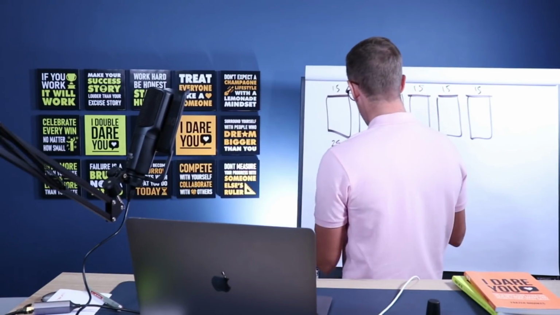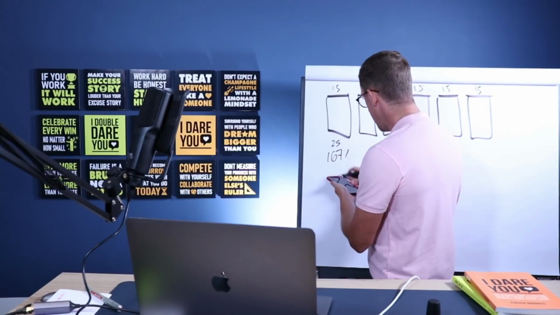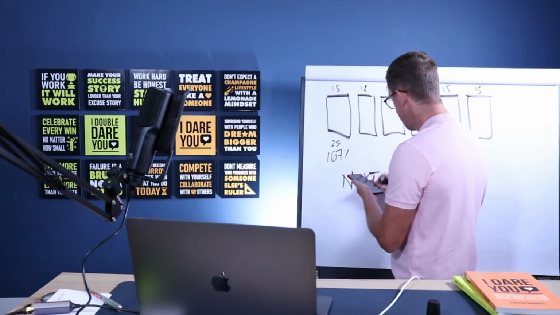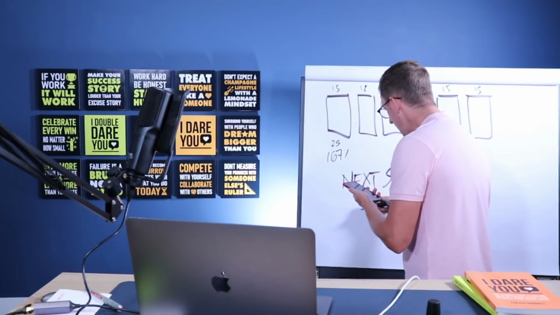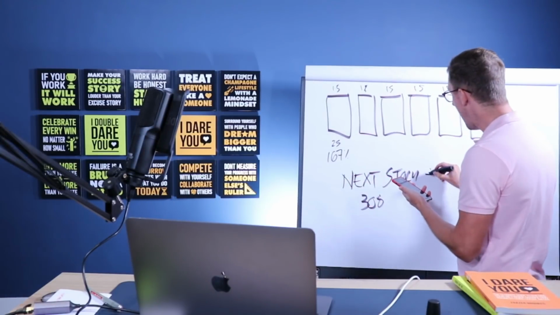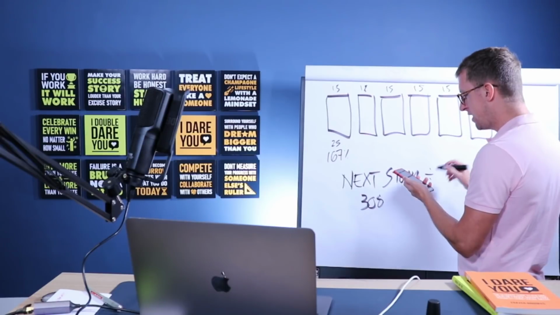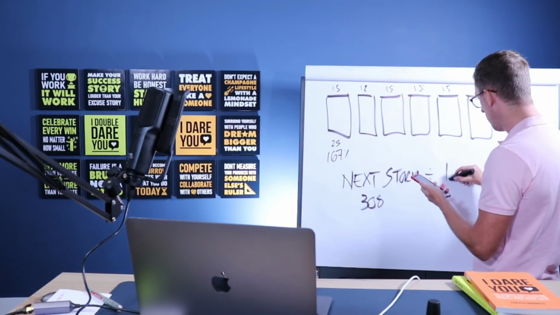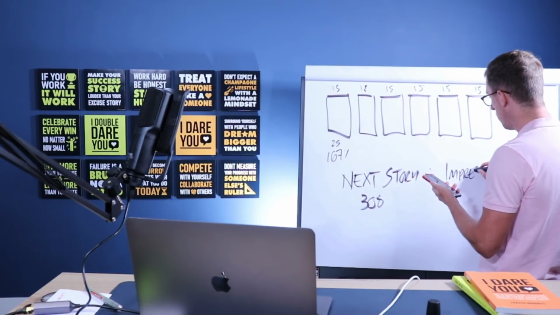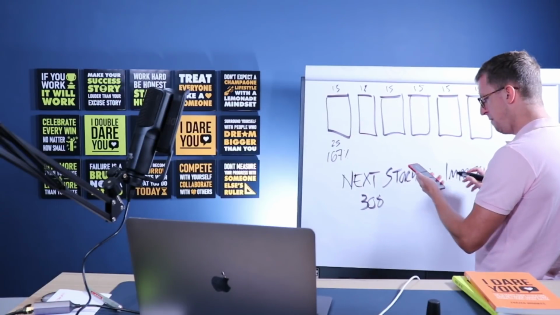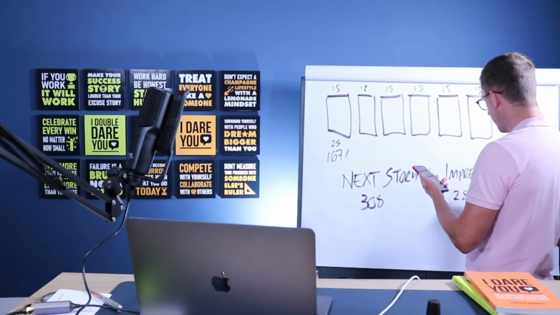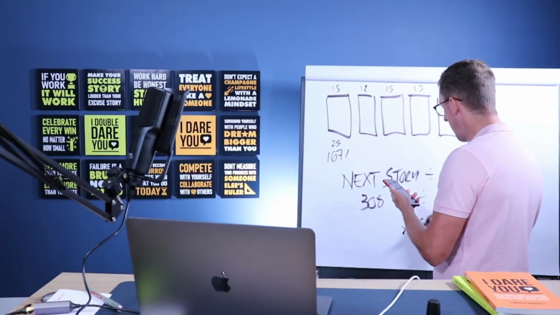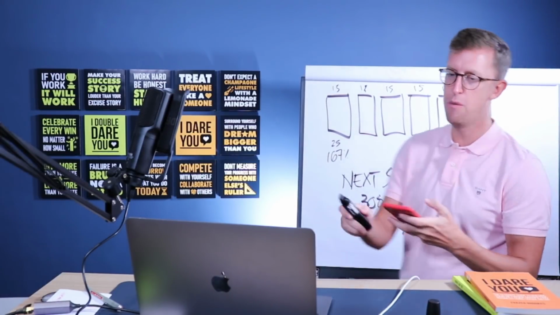So here we go. What you want to do is take the next story number, which for me is 308, and then you want to divide this number by the impressions, right? Story impressions, which for me in this one is 2858, and then you want to times this number by 100%, or whatever the maths is.